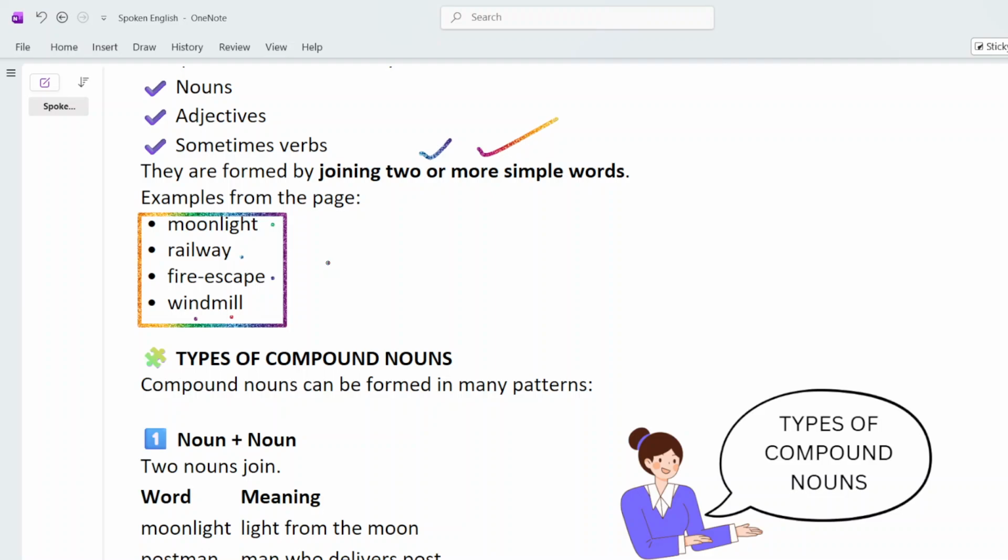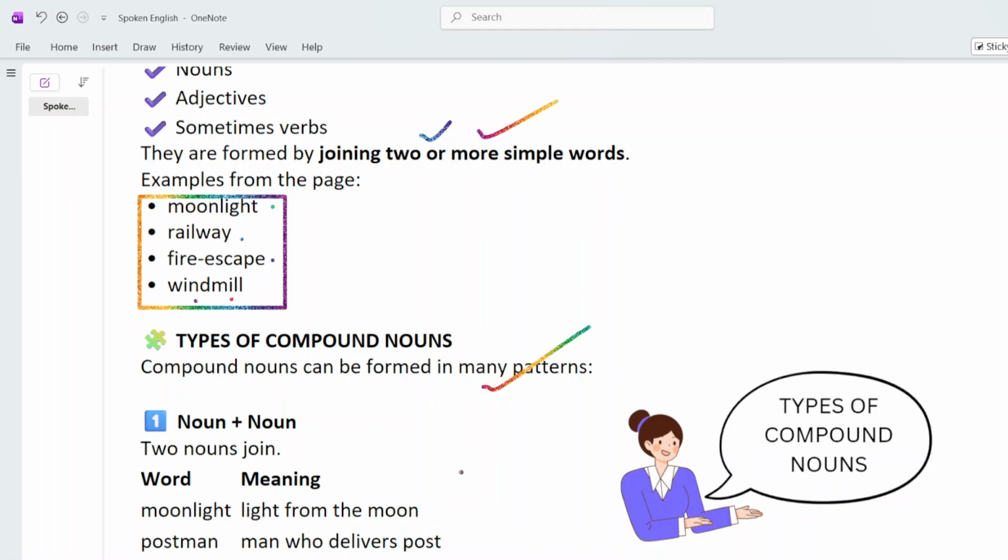So that is the reason we don't know that these words are known as compound words. Okay, now let's wrap our heads around another concept wherein we are looking at how they can be formed in many patterns. So you're not just learning something new, you're learning because you want to be aware of something that you're already speaking in our daily lives.